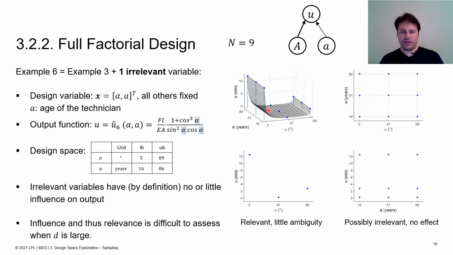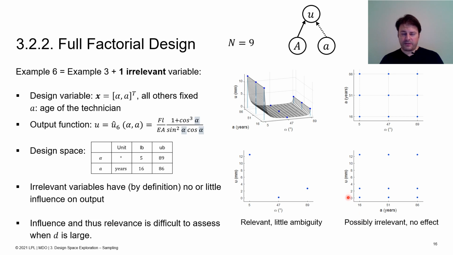So this is what we observed in this 3D plot too, but in the scatter plot, which we can also create for higher dimensional problems, we can now relate this information, that apparently there is little variability of the output function for one fixed value of alpha. We can extrapolate this to higher dimensional problems.